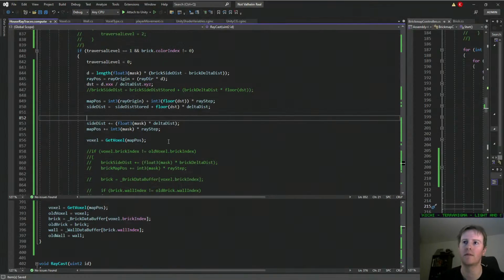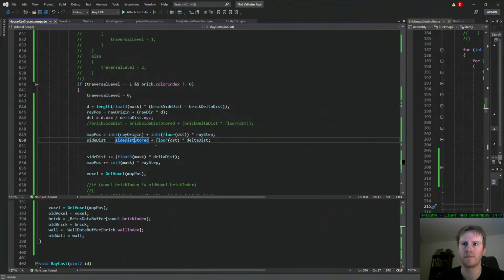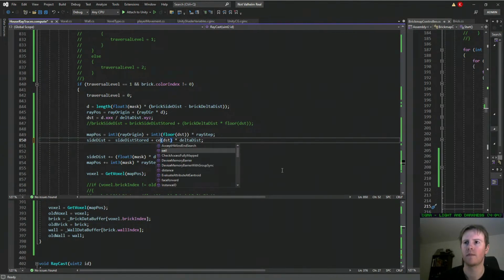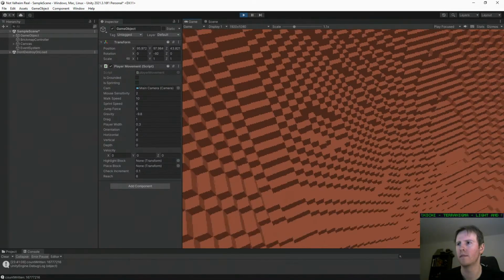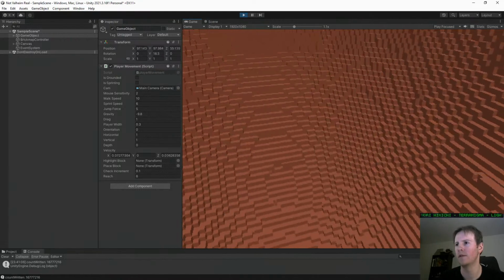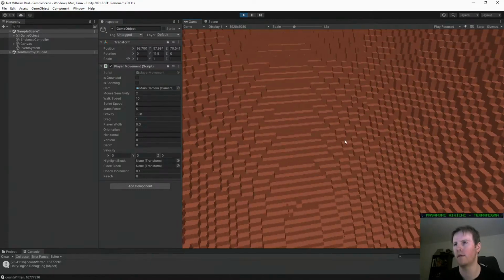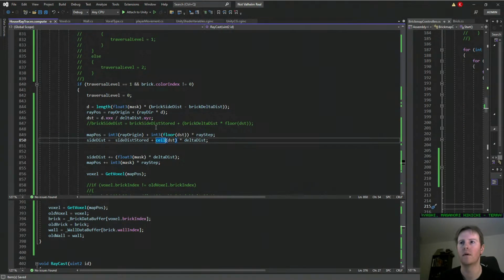Because the side dist, it's still not accurate, right? Ceil is also not accurate. And round is not gonna be accurate either.